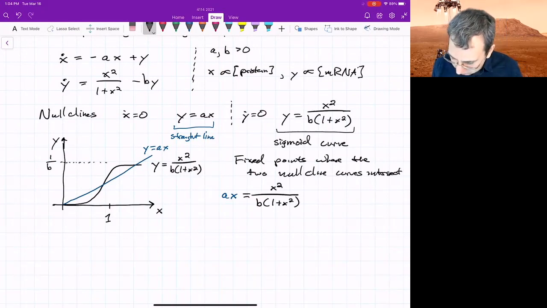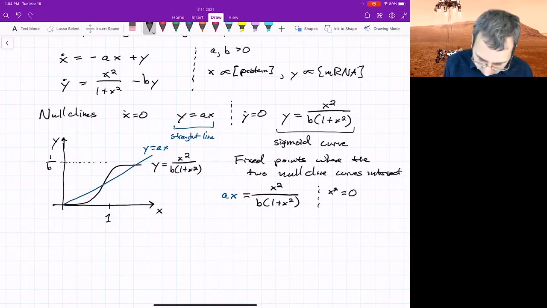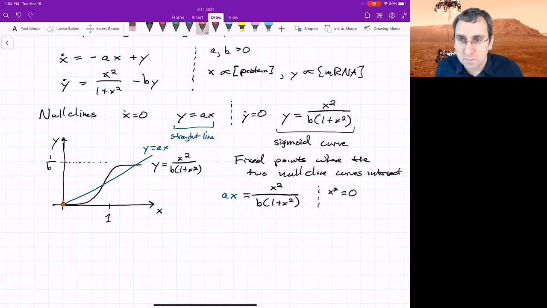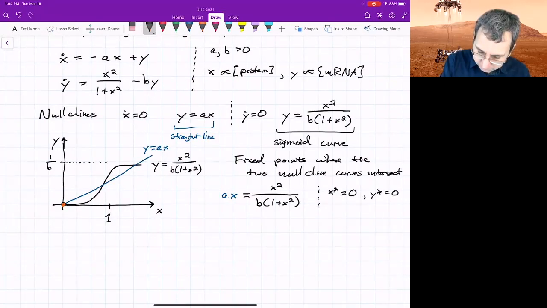So one solution is x star equals 0, which we know. There's a point over here of intersection. Maybe I'll plot it in some color. So there's an equilibrium point at both x and y being 0, but what else?